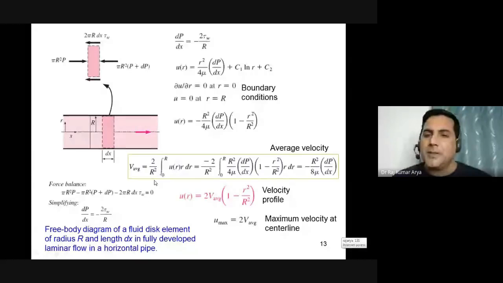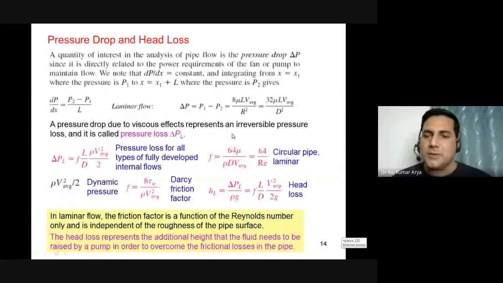Okay. So there we have written it in terms of the Poiseuille equation, right? This is known as the Poiseuille equation, used to calculate pressure drop in smooth pipes under laminar flow.